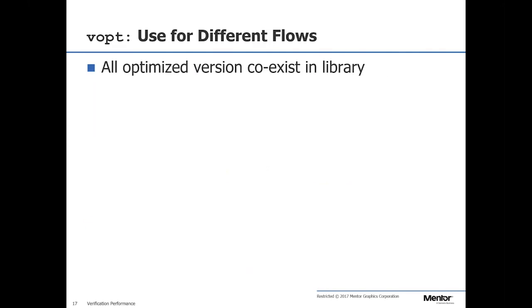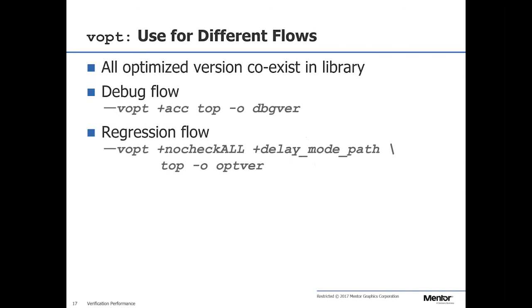So when I run vopt, that optimization that I write out is written into the work library. So you'll see right here, I'm doing a debug flow where I don't know what I need to see. So I say vopt plus ACC. My top level is called top, but I output something called debug ver. So now I could say vsim debug ver and any other arguments, and I'd be running on the debug version.